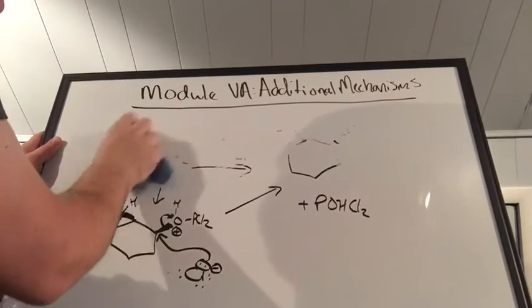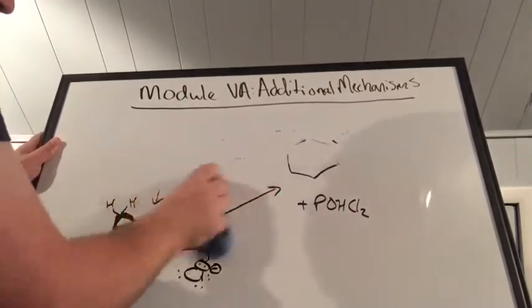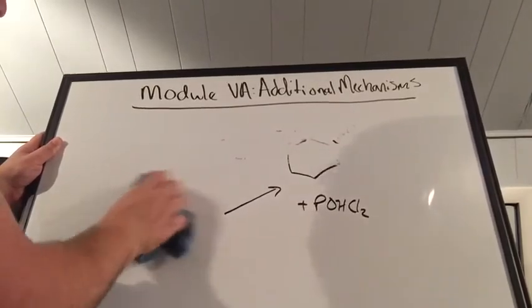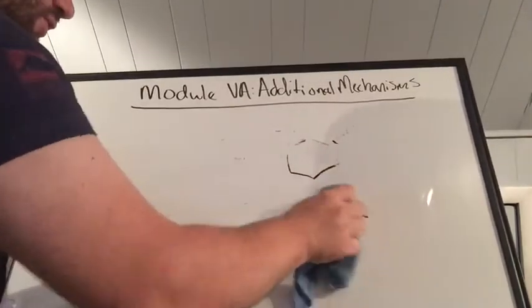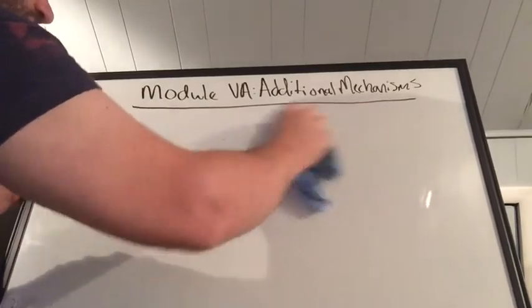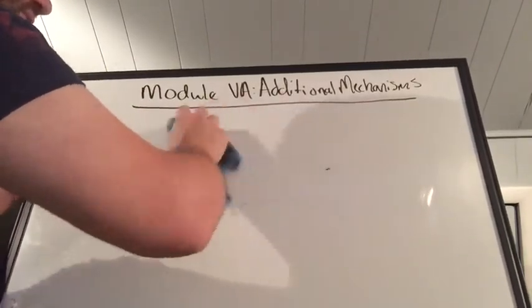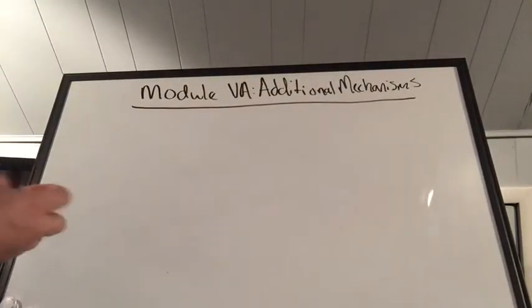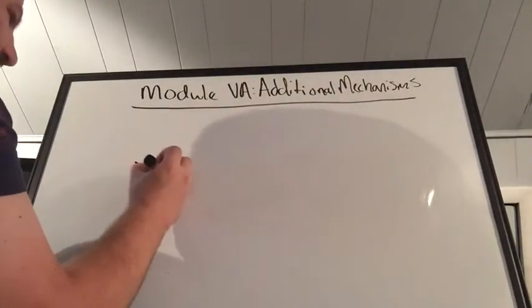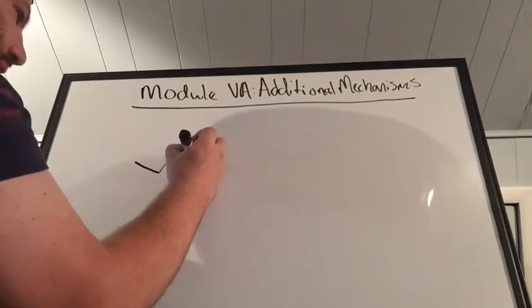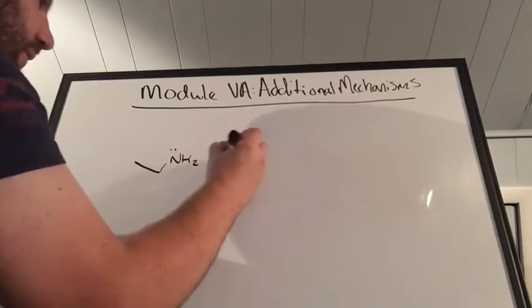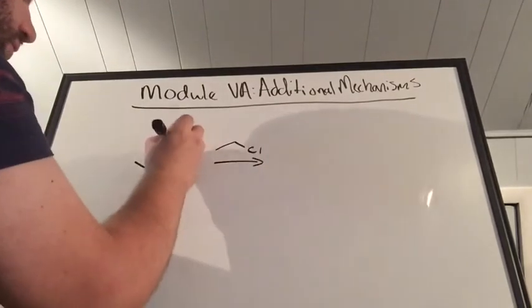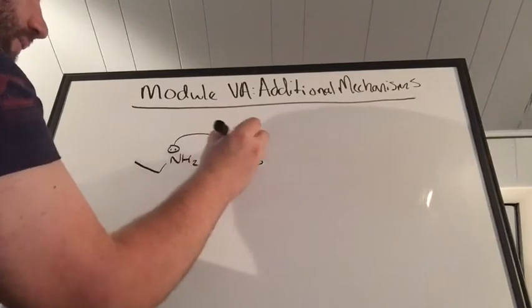So primary amines undergo some kind of charged state intermediates, where say we take ethylamine and we introduce ethyl chloride.